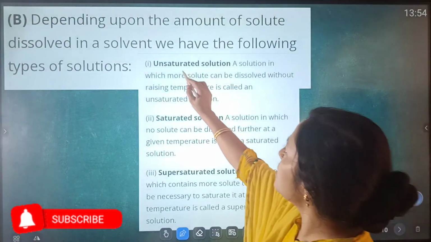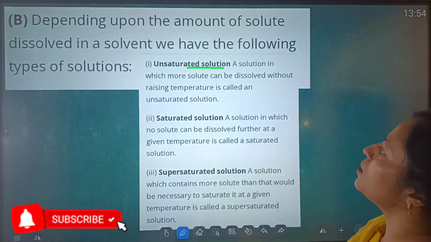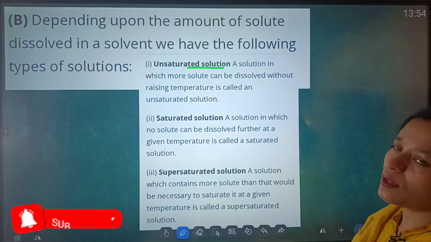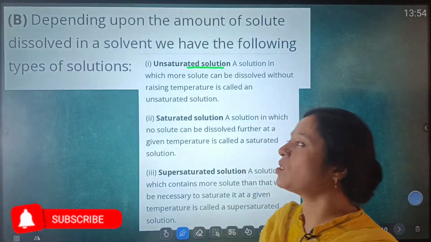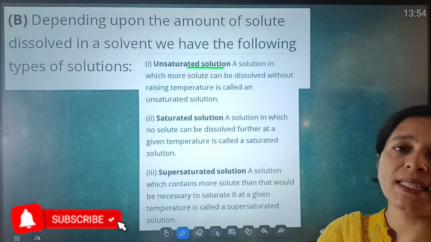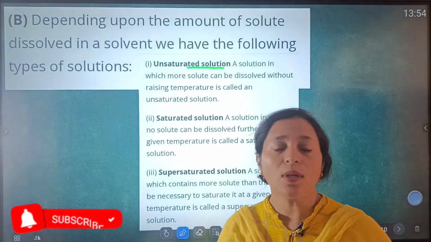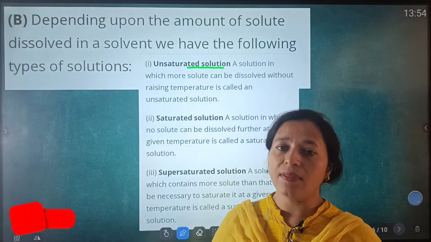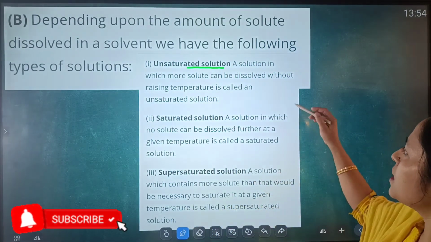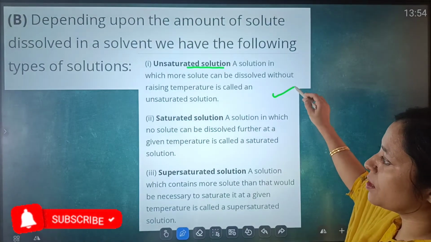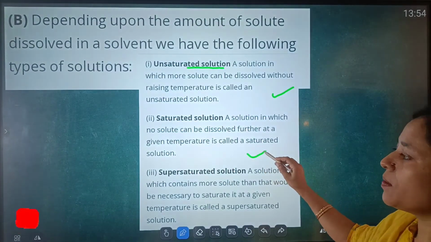The number one is the unsaturated solution. What is an unsaturated solution? A solution in which more solute can be dissolved without raising the temperature. So students, you are not raising the temperature, at the given temperature only you are dissolving the solute, then it is an unsaturated solution. Now what is a saturated solution?